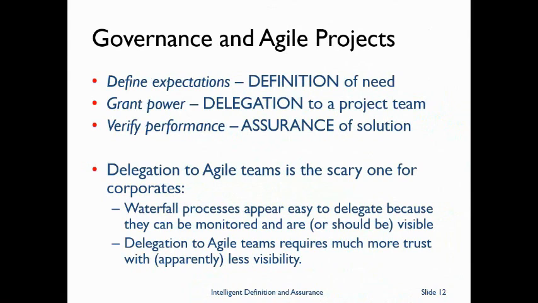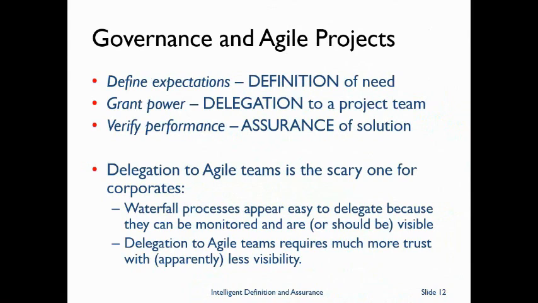So in some ways, waterfall seems safer to corporates because they don't need to trust the resources who implement projects quite so much. But the visibility is very high because of the documentation and the outputs. Now that's what should happen, and of course, waterfall done badly, and done badly too often, obviously contradicts that notion.